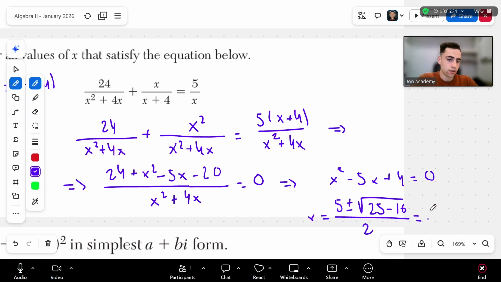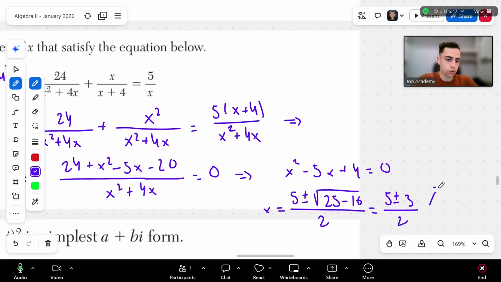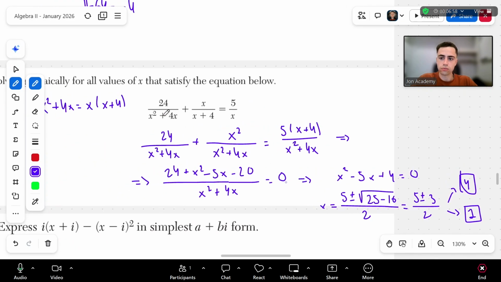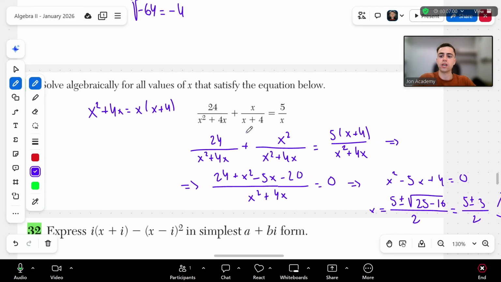And once here is 5 plus minus, sorry, 3, the square root of 9, divided by 2. Let's do both solutions here. One is going to be 8 divided by 2, which is 4. And the other one is 5 minus 3, which is 2 divided by 2 is 1. So both solutions would be these two, answering the question algebraically. So those are the two values.